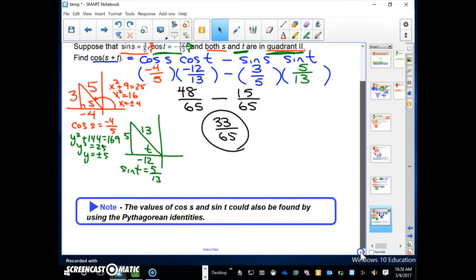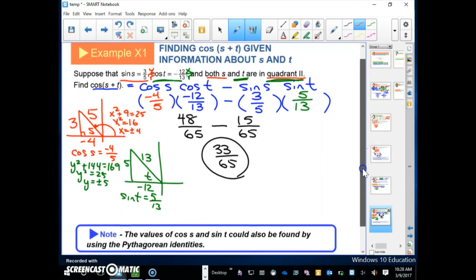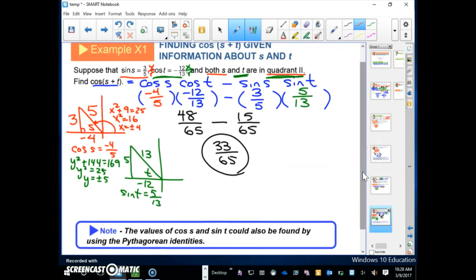Now, down at the bottom, they say those values of cosine S and sine T could also be found by using the Pythagorean identities. I think it's a little bit harder, but instead of drawing those pictures, what we could have done was say, I want to know cosine S. So I would say sine squared S plus cosine squared S equals 1.